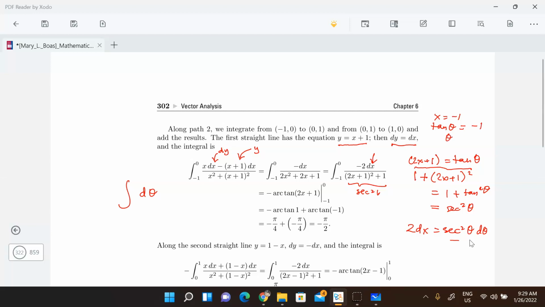And that tells us theta is going to be going from minus pi over 4. And then the other limit, x equals 1.